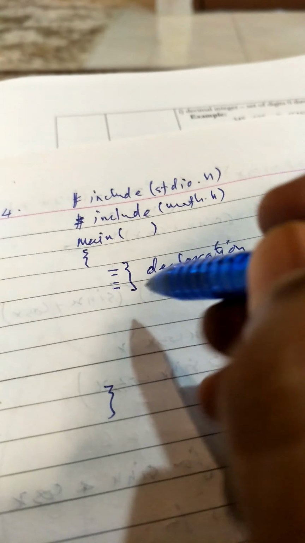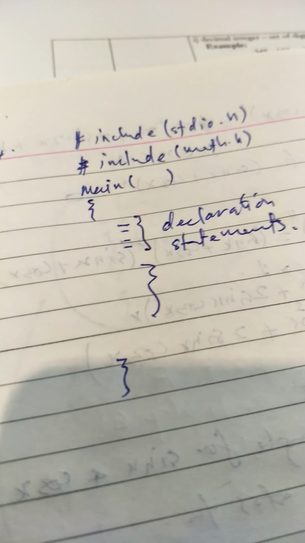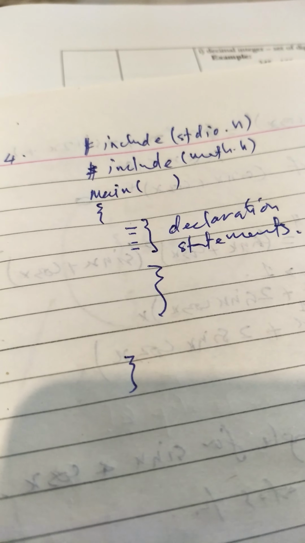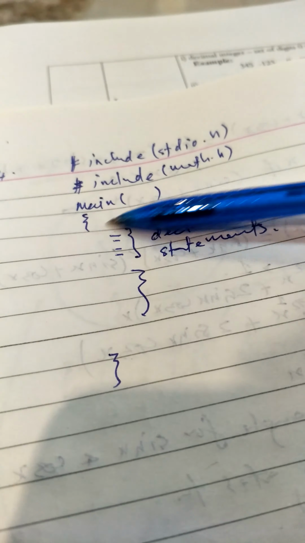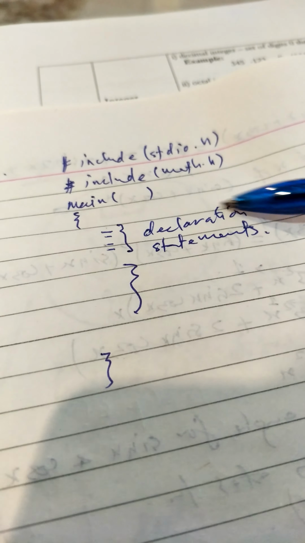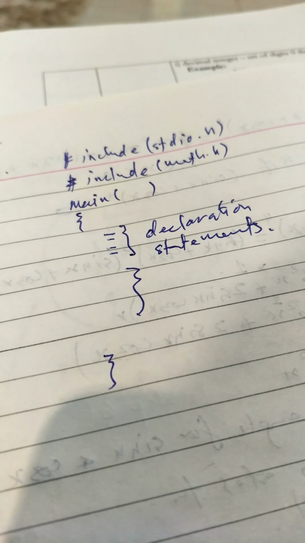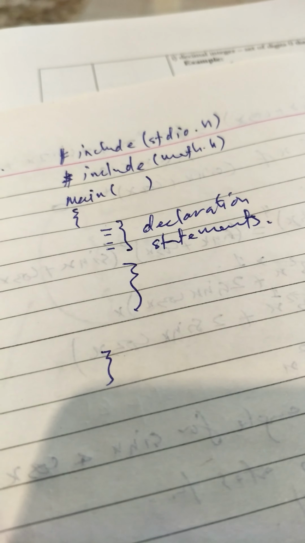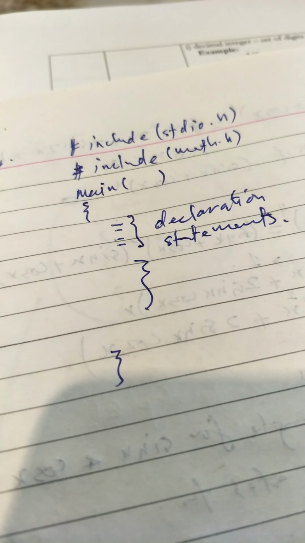And this part here is the process, or the body of our program. It depends on the problem that we are going to solve. Now, for this particular video, I'll just talk about the declaration statement, how to declare what type of variable we have, and I'll give you a few examples relating to that.